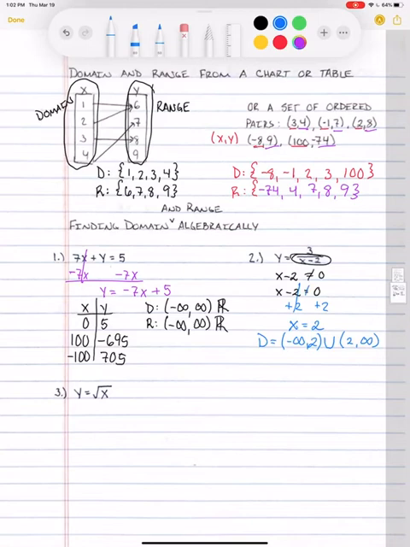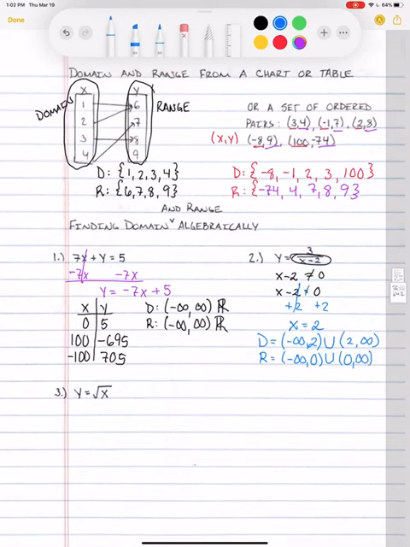To find the range, the range is going to be from negative infinity to 0, and or union 0 to positive infinity.